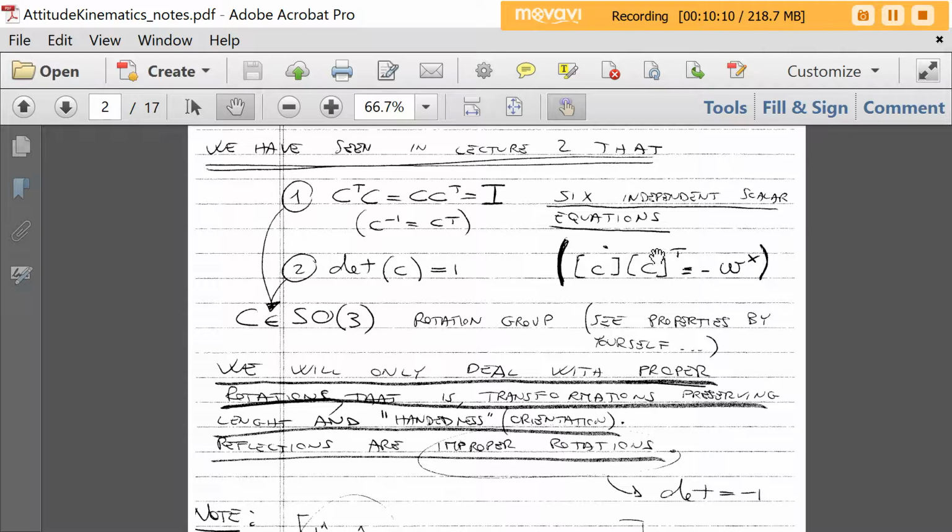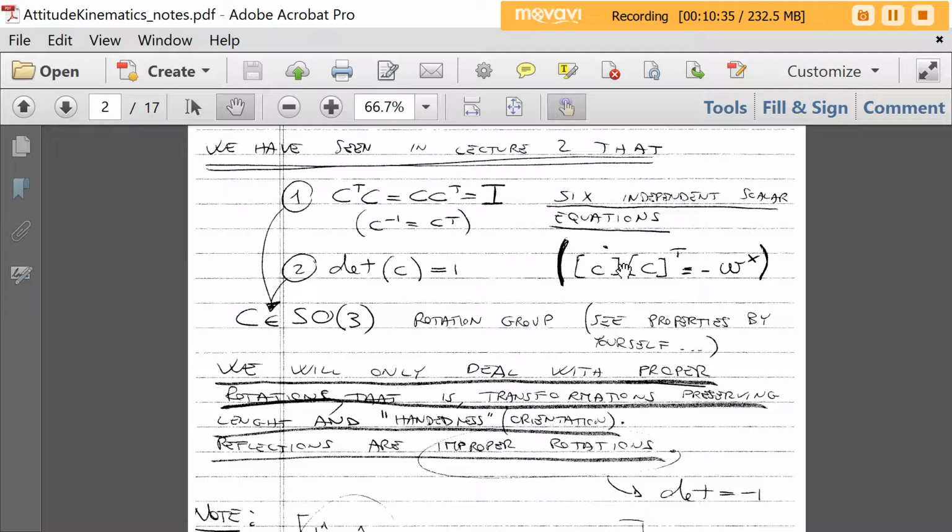You have to remove the C transpose here by a simple operation, multiply times C here on the right and the same on the other side, you remove it, so you have the differential equations that, given an omega evolution in time, you can integrate and find how those 9 numbers will change, and the evolution of the DCM will tell you how B is changing orientation with respect to A.